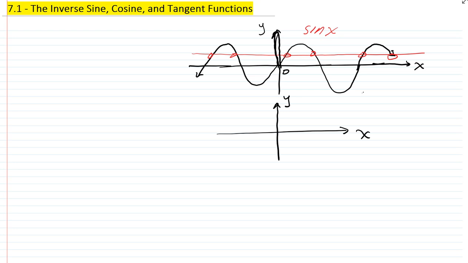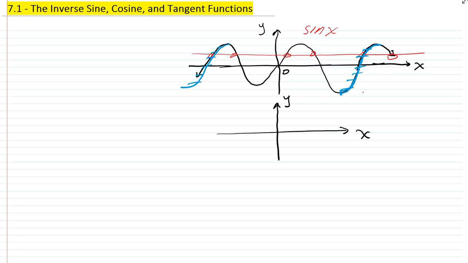If you want to restrict the domain here, then one way to do it, for example, I can look at this segment right in here. If I look at that segment, the function is one-to-one. If I look at another segment, maybe from here to here, the function is one-to-one.